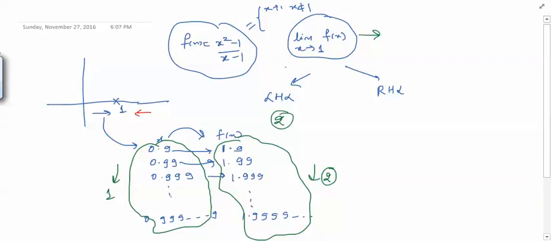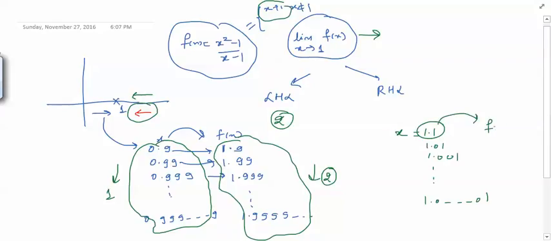Okay, now let us look at the right hand limit. If x approaches 1 from the right hand side, what kind of values will it take? It will take values like 1.1, 1.01, 1.001 and so on, 1 point many zeros then 1, right? And again since x is not equal to 1, the value of the function is x plus 1. So at these values of x, what is the value of f of x?